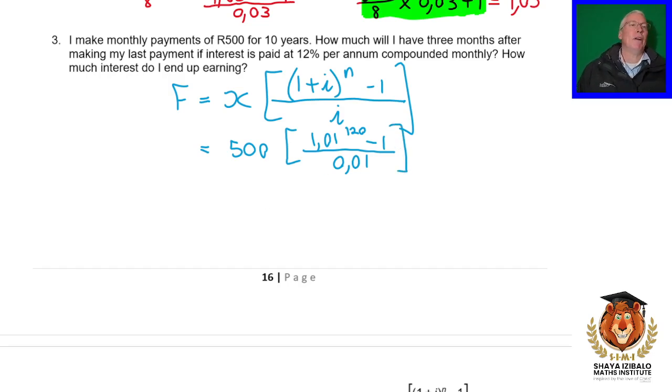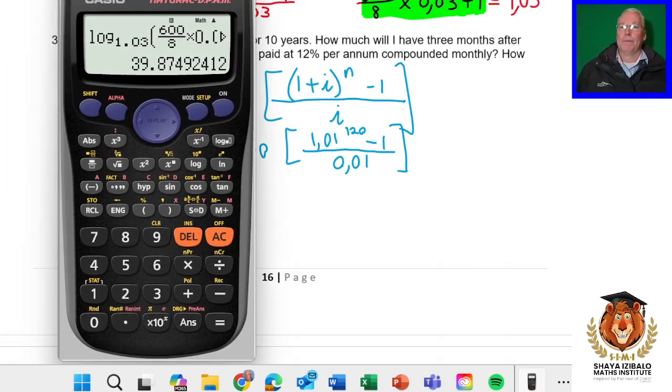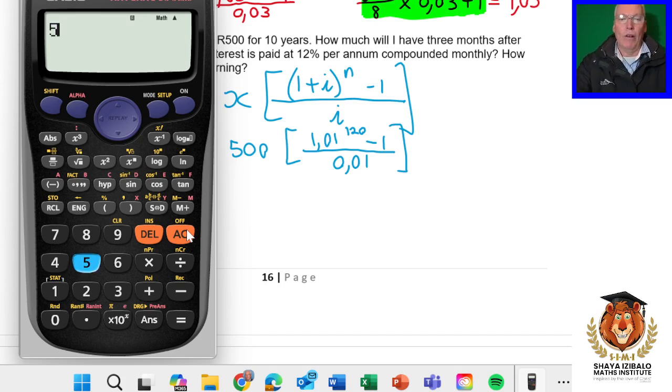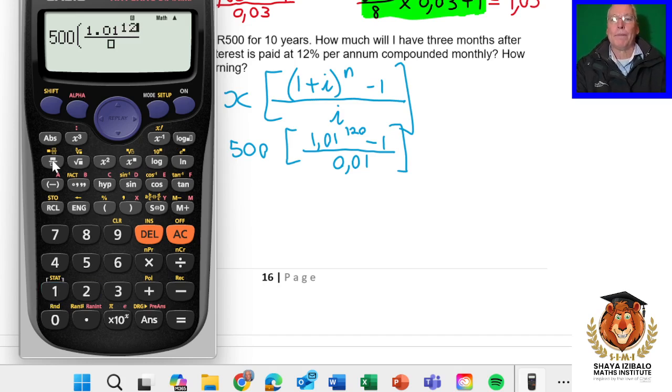That's how much we'll have immediately after we make our last payment, and let's just work it out. Yeah, it's 115,019.34.